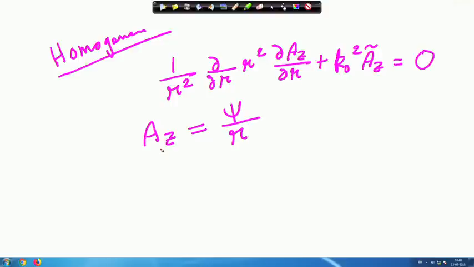So, Az is a function of r. Let us put that the functional dependency is 1 by r, and psi is a constant. So, if we do that, then instead of del z I can write dAz, because it is only a function of r.